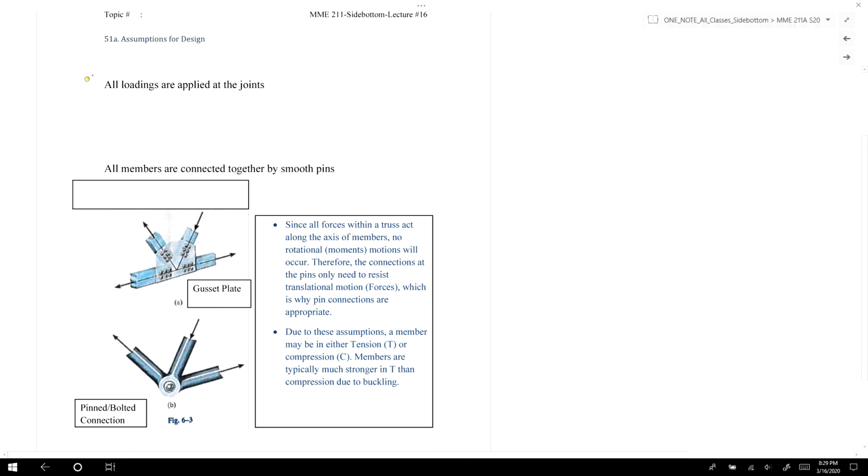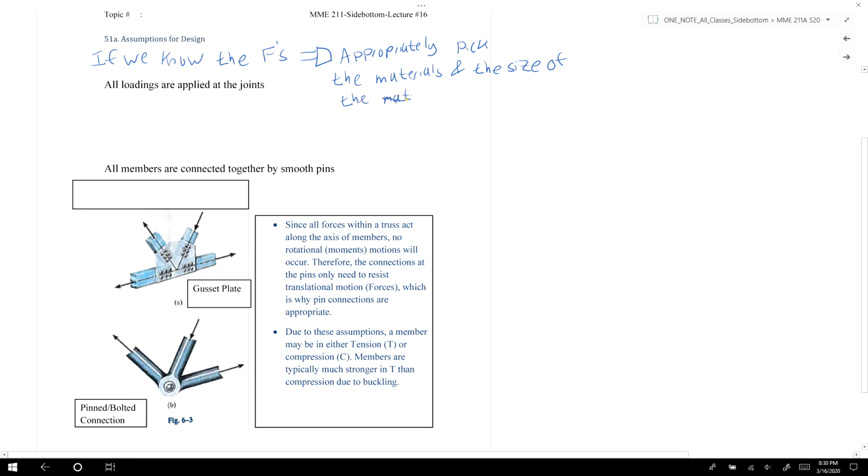The reason we are interested is that if we know the forces within each of the truss members, we can then appropriately pick the materials and the size of the members needed to construct the truss.